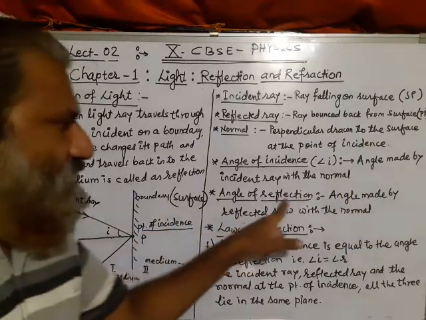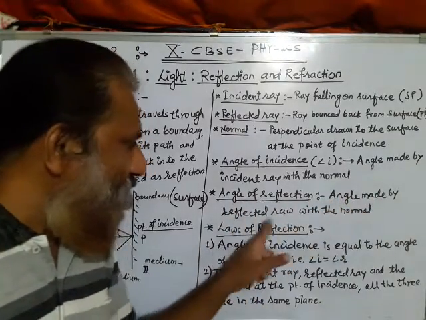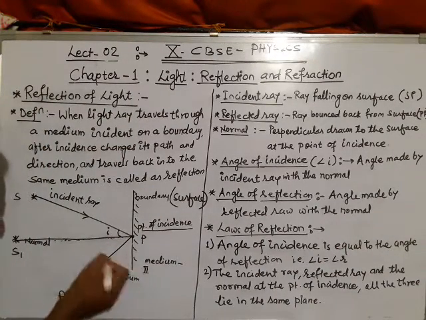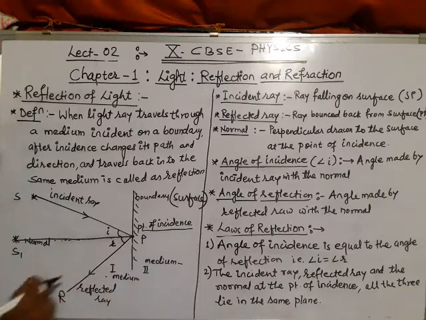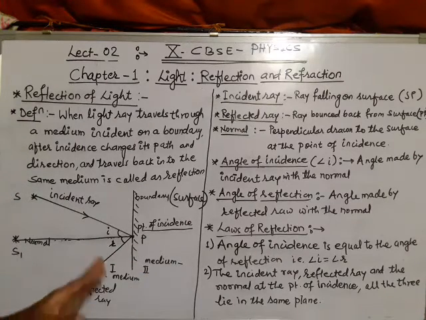Then second is the angle of reflection. What is this angle of reflection? It is the angle made by the reflected ray with the normal. Look at this, PR is the reflected ray. It also makes some angle with the normal, and this is denoted as R and called the angle of reflection.